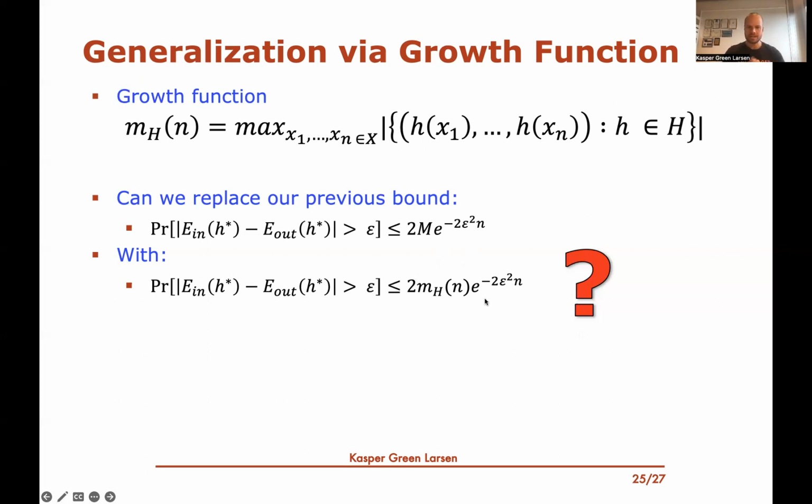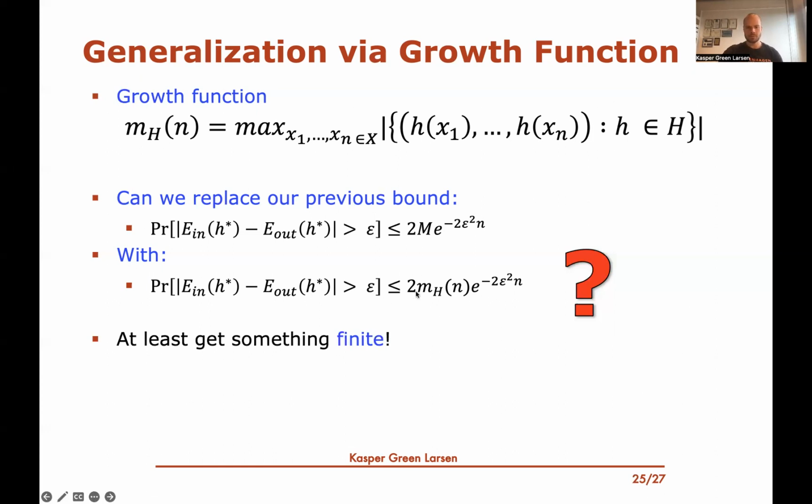Of course, the one thing we have to be careful with is that the set of hypotheses that you can generate on n points is going to depend on the training data set. You get n examples, and the different hypotheses you can generate on this set depend on the training data set. So it's not clear that the union bound with Hoeffding's inequality that we did to prove the first one would go through here.